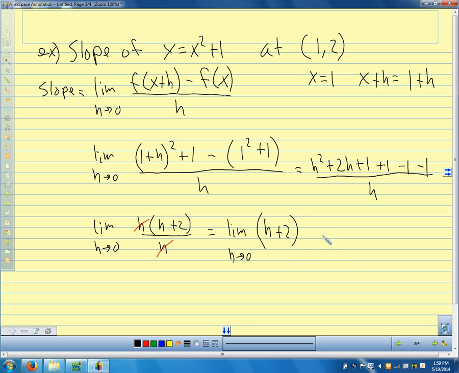And that limit is what? As h approaches 0? 2. So the slope of the graph of x squared plus 1 at the point (1, 2) is 2.